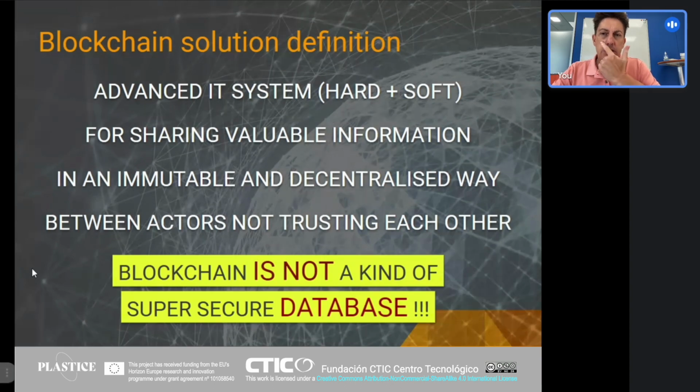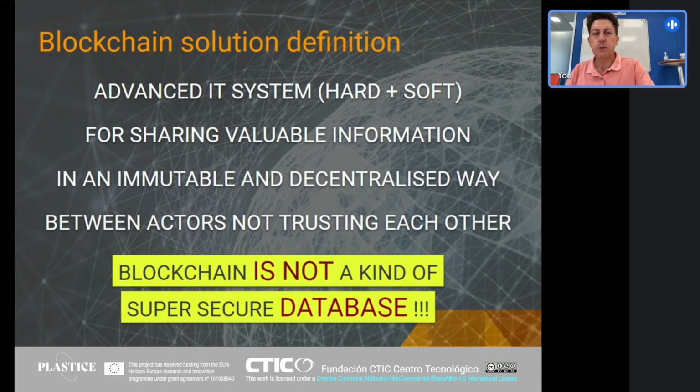What is a definition of blockchain? For me, blockchain is an advanced IT system, because of that combination of technologies. It's a combination of hardware, the nodes, the computers, the servers, with the software, the smart contracts, the front end, the end user programs, for sharing valuable information, relevant information for your business, in a special way that is immutable and decentralized. There is no single computer that stores the information.